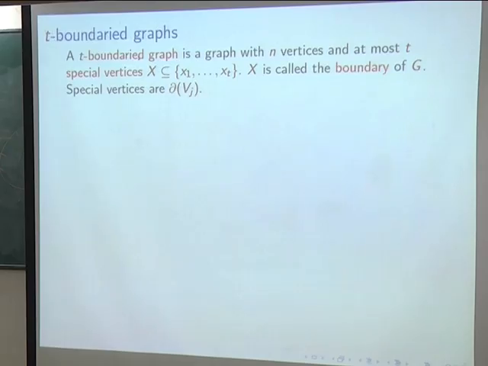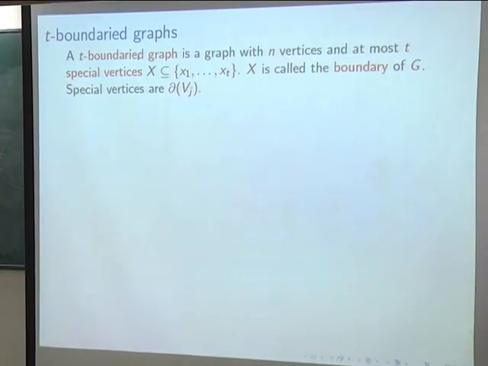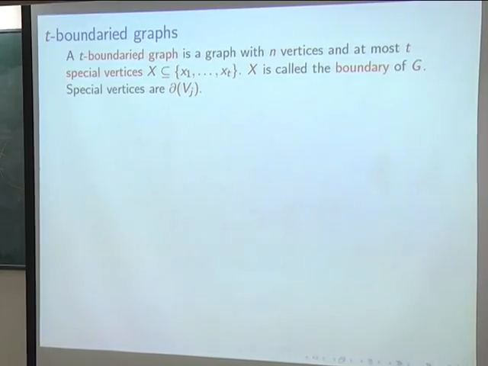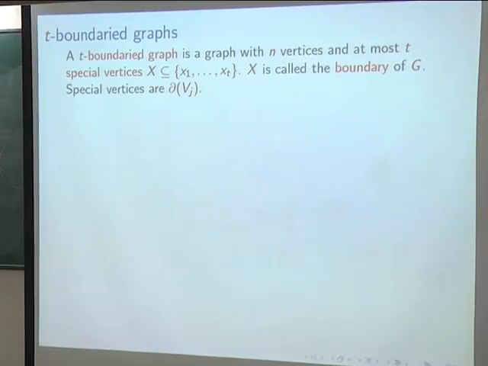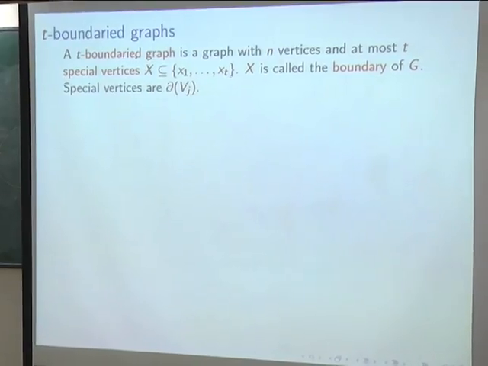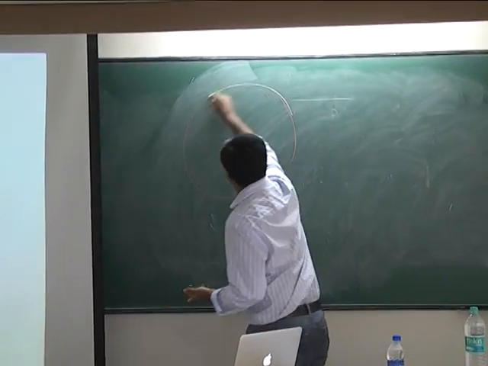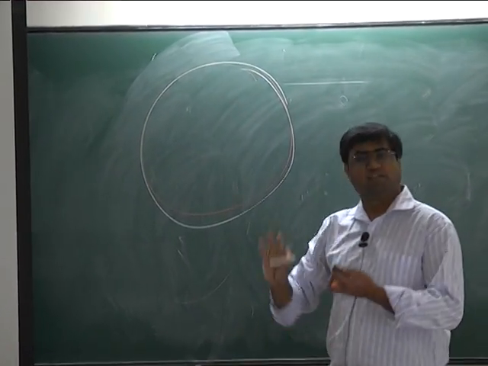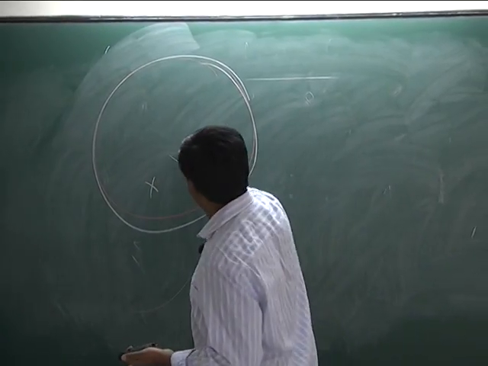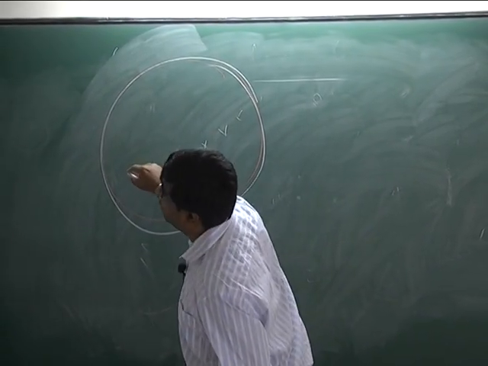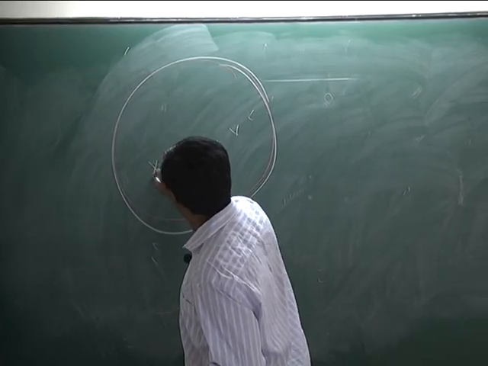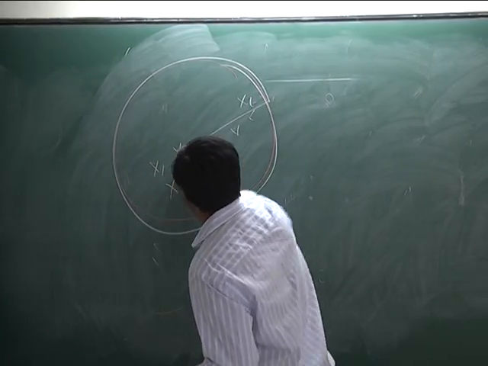Okay. So let me define what I call a t-bounded graph. What is a t-bounded graph? It's a graph. It's just a normal graph. And you will see why I am so interested in this graph. So it's a graph, and I call some t vertices, let's call them x1, x2, up to xt, special vertices.